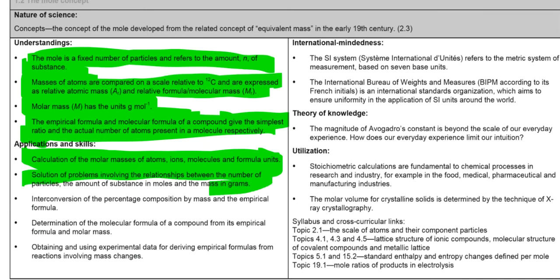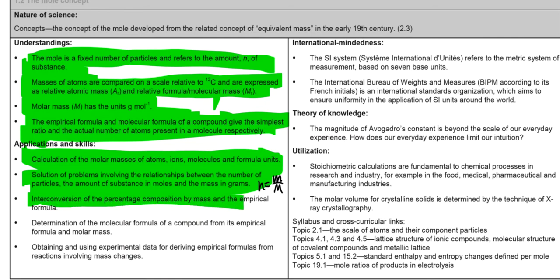Solution of problems involving relationships between the number of particles, amount of substance in moles, and mass in grams: you just need to remember n equals mass over molar mass. If you learn to utilize that formula, you'll be able to comfortably do all stoichiometry.